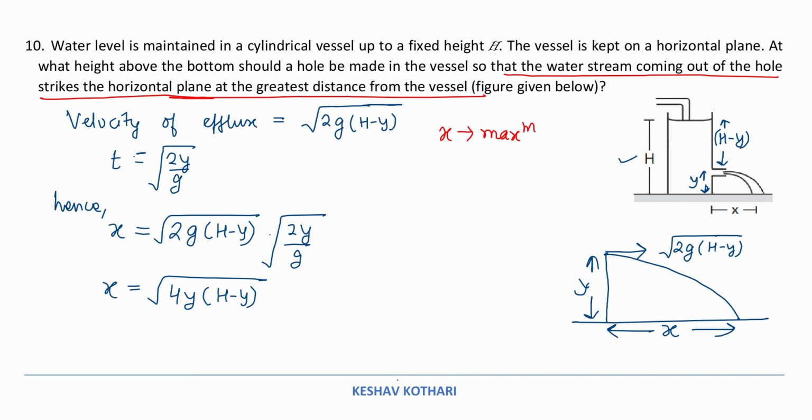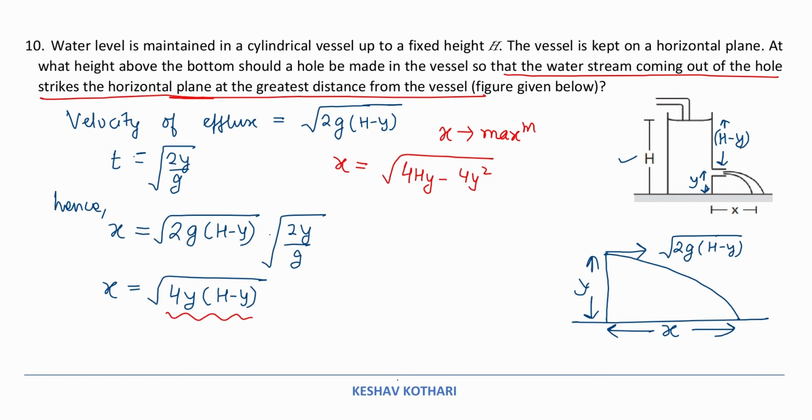So in order to calculate the maximum value of x, it is required that we equate the function which is inside the square root to the maximum value. So we can write this expression as square root of 4hy minus 4y square is equal to x. So in order to make this maximum, I am equating this part which is inside this square root to maxima.